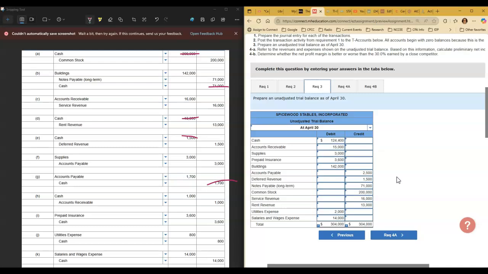So if this trial balance balances, it only means that debits got in as debits from the journal to the ledger, and credits got in as credits from the journal to the ledger. Because you could have put that $13,000 in rent revenue right there. You could have posted it to service revenue, and now you got $29,000 sitting in service revenue and nothing in rent revenue. You with me?